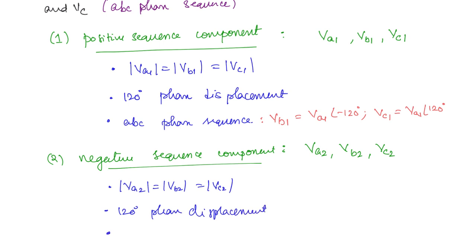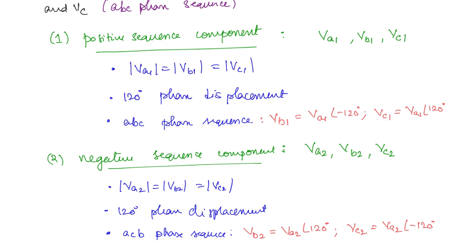Now the phase sequence is opposite to that of the original system, so you can take this as ACB phase sequence. What will the relations be now? VB2 will not be lagging, but leading the phase A by 120 degrees, and VC2 will be lagging VA2 by minus 120 degrees.